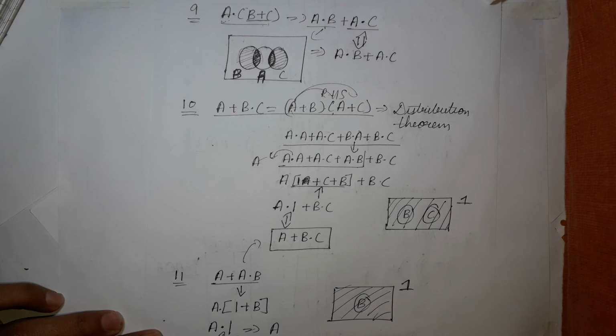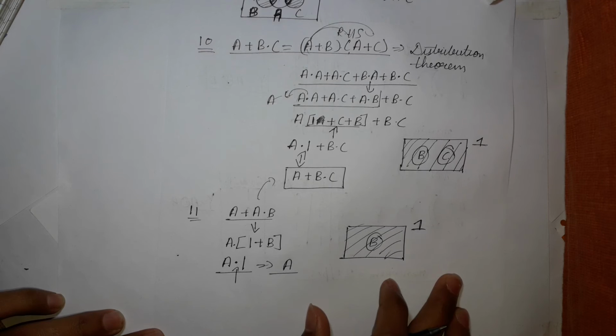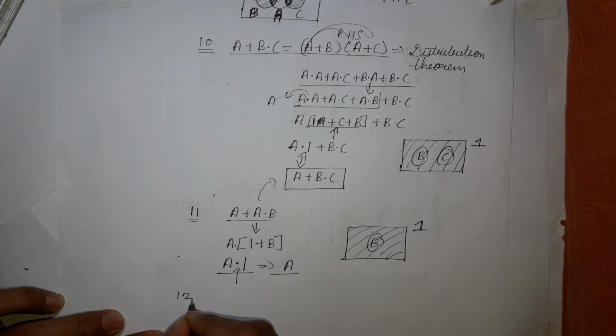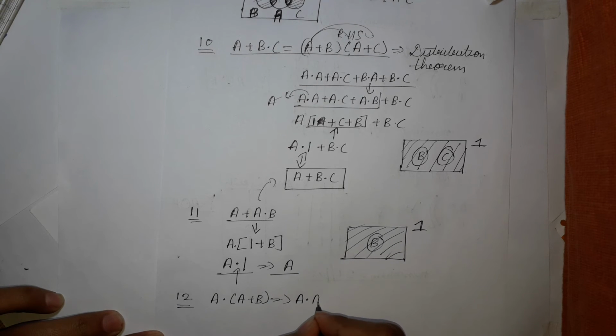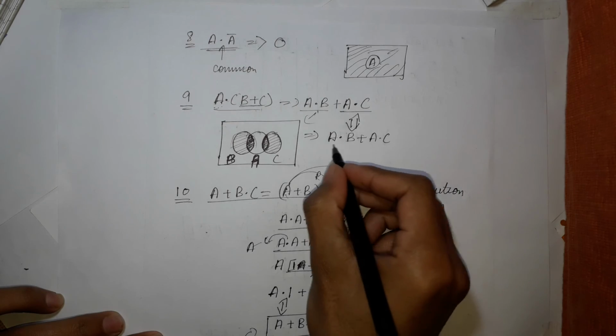Okay, now let's move on to our next question, that is question number 12, which is A and A or B. Now what we'll do, we'll just distribute this operator over this bracket, which will be nothing but A or A plus A or A dot B. We verified this one, right, in question number 9.